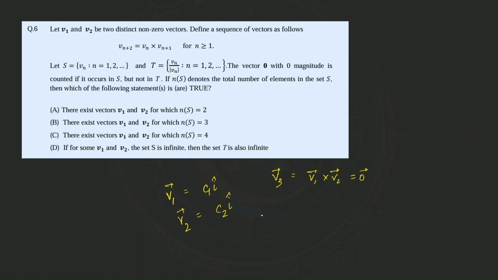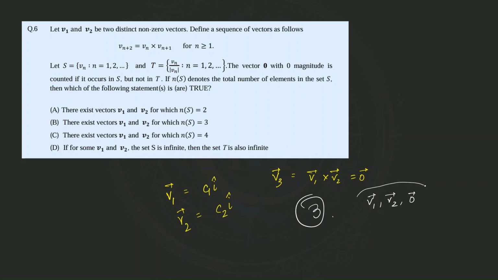So how many elements do we have in the set S? Yes, we have a total of 3 elements. In the set S we have v1, v2 and the 0 vector, because after this v3 every other vector will be the 0 vector.